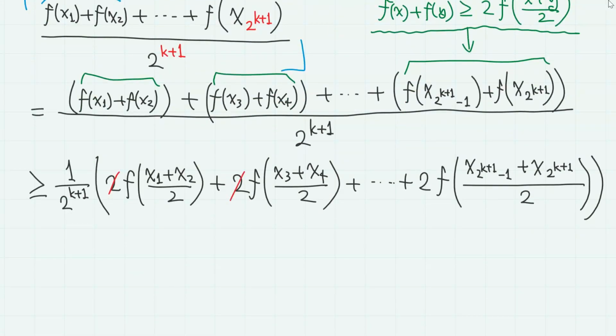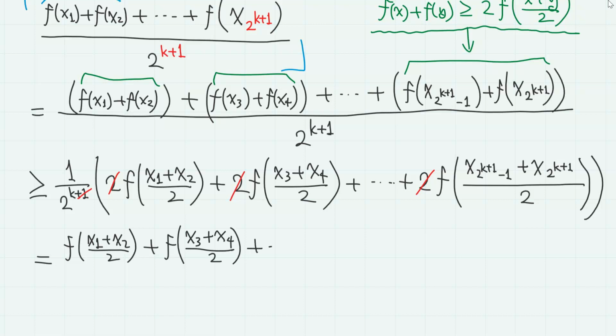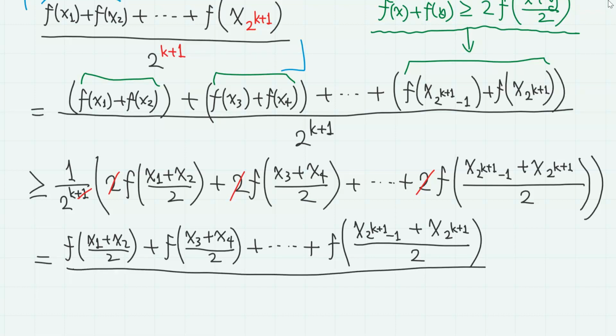So cancelling these 2's, then this plus 1 must be cancelled. So we have f((x1 + x2)/2) + f((x3 + x4)/2) + so on until the last term, which is this, divided by 2^k.